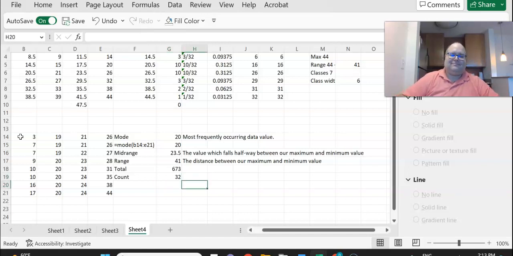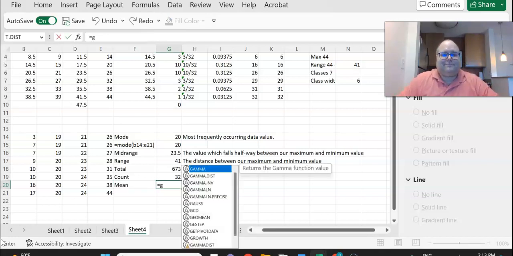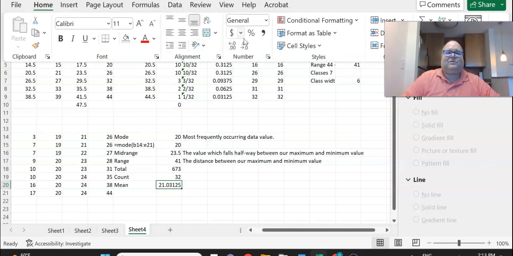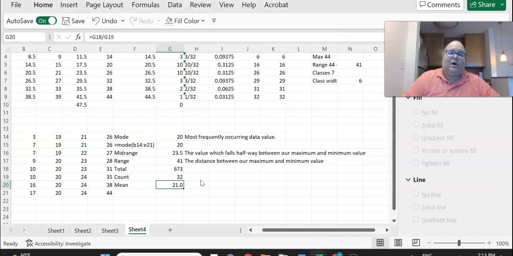If we find our average, or our mean more properly, equals G18 divided by G19. So we have 21.03, but we want to adjust this so that we have the proper one more decimal place than our answer.